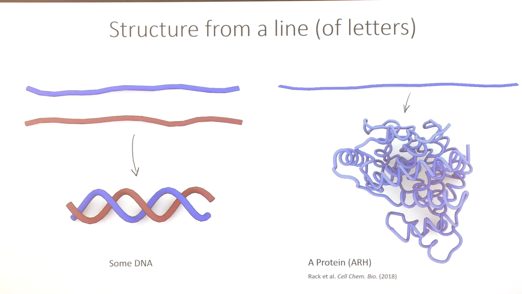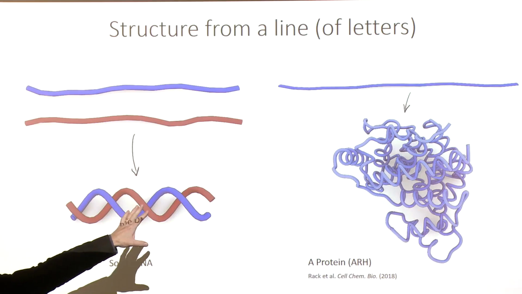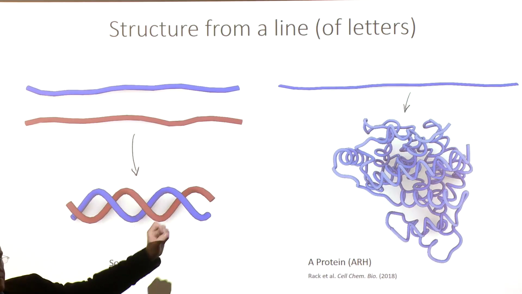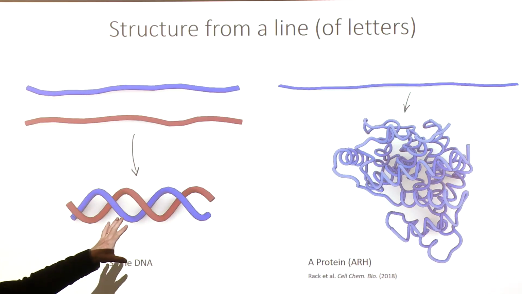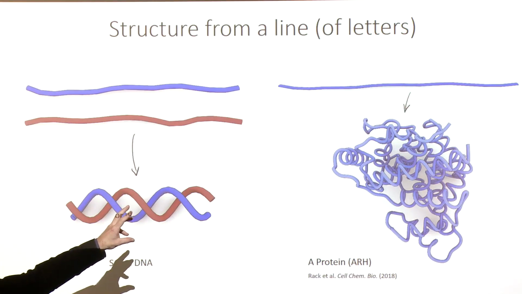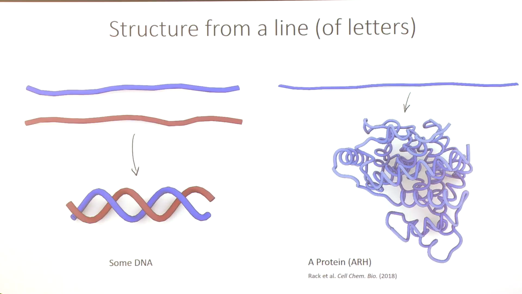In DNA, it's defined by usually two strands, the blue one on the top and the red one on the bottom. When they have the same type of words, they can meet each other and form this double helical structure. In proteins, it's usually just one long string of letters, and it interacts with itself to fold up into a three-dimensional structure.